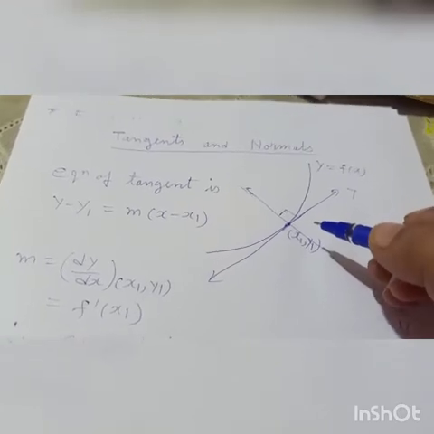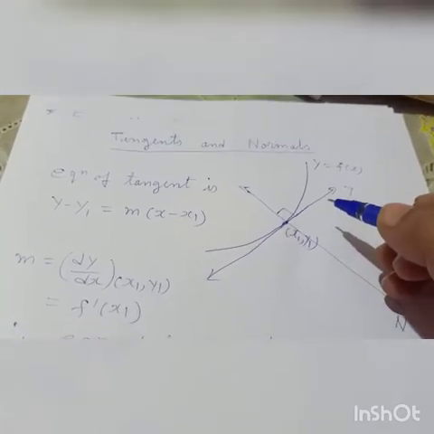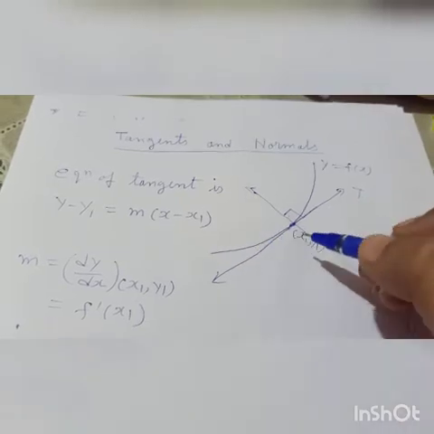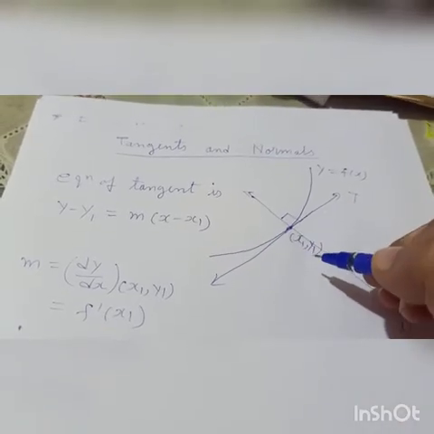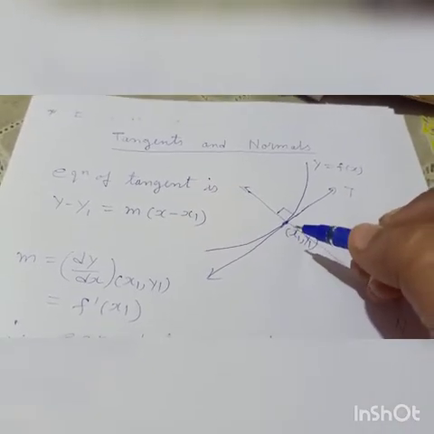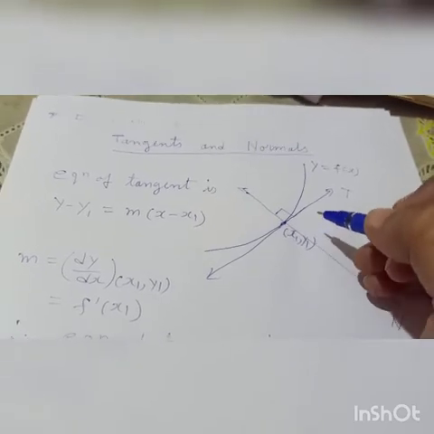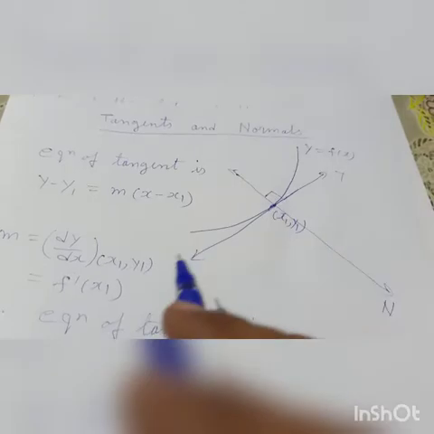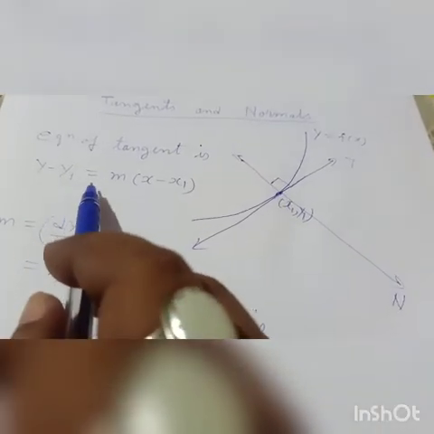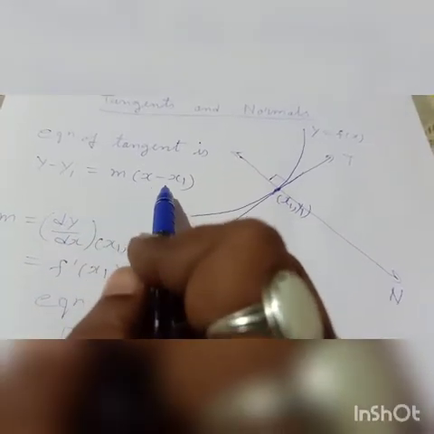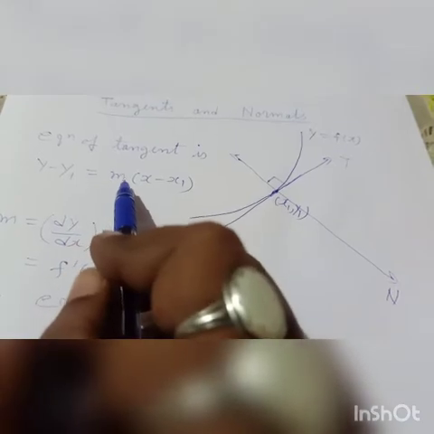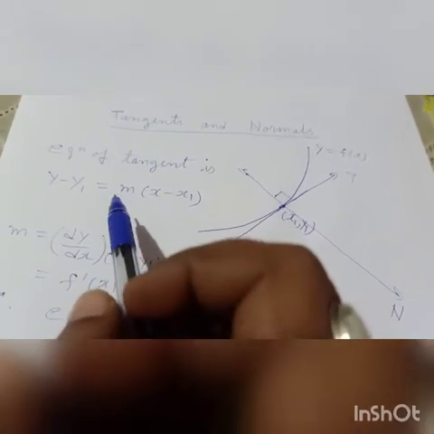Now if we try to find the equation of this tangent, we can say this line passes through one point (x1, y1). So by the use of the single point form of the equation of a straight line, the equation of the line can be y minus y1 equal to m into (x minus x1), where m is the slope of the tangent.